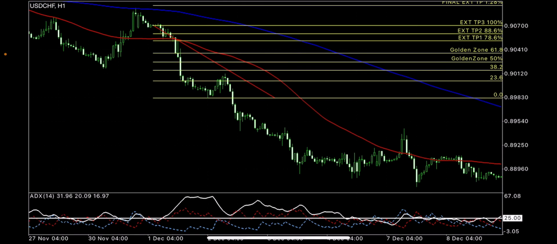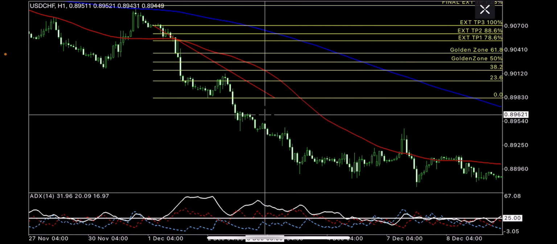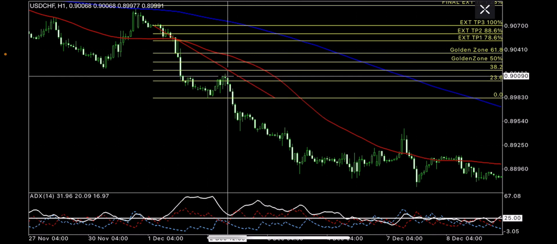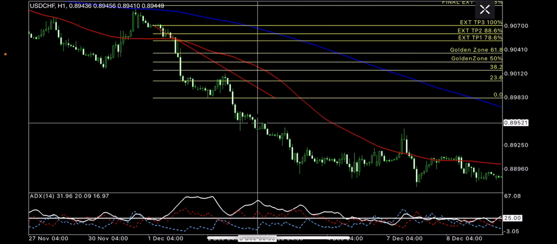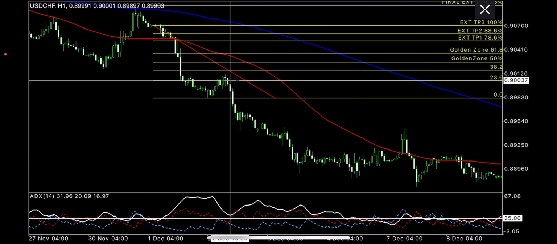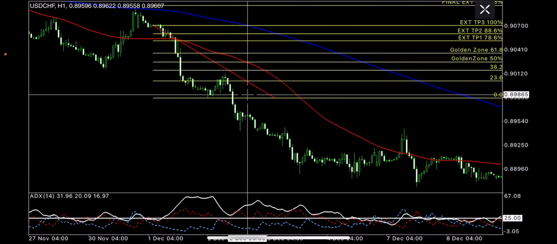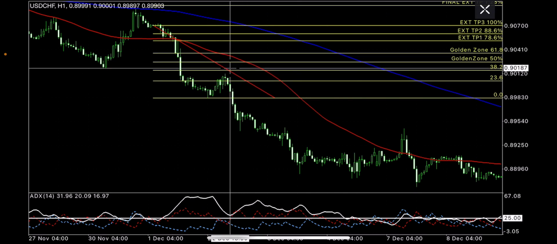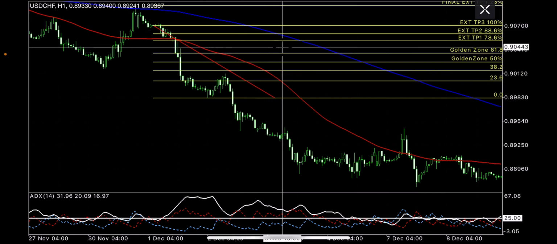The Fibonacci retracement extended almost to the 38.2, which tells me that this is still going down, a downtrend. It didn't hit my golden zone, so I would expect it to go back down anyway, because this is not a retracement powerful enough to cause a reversal.